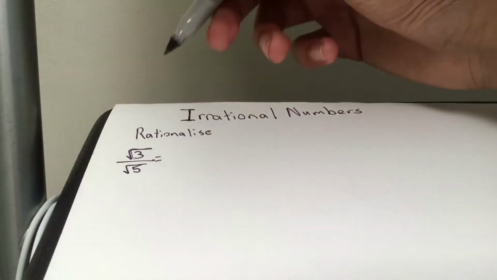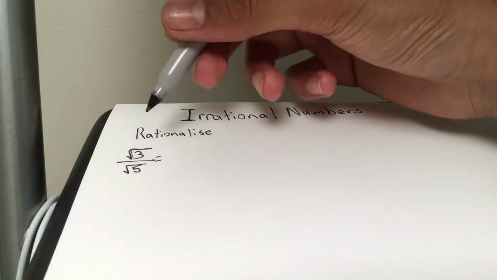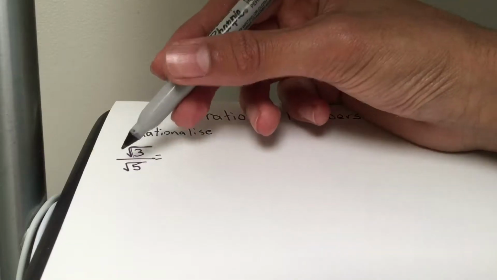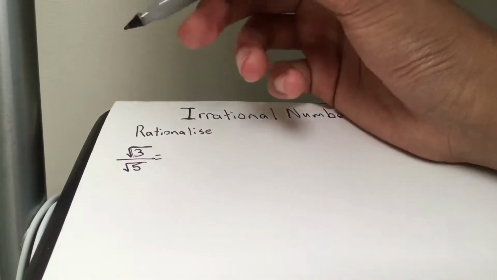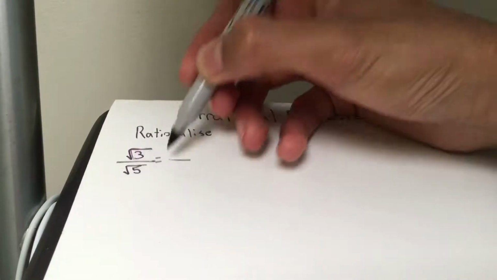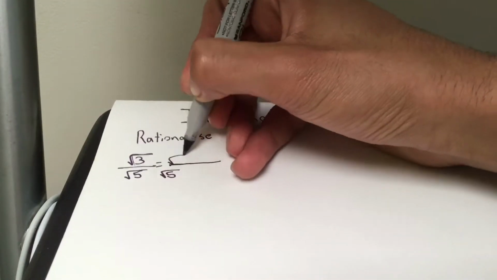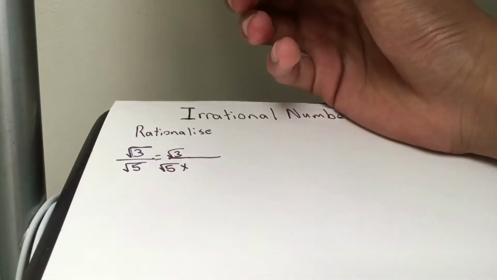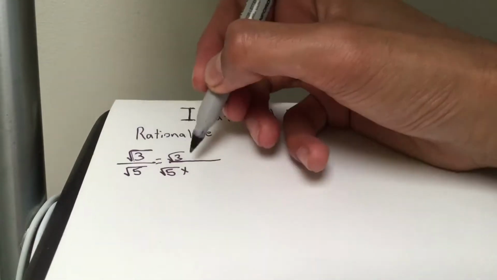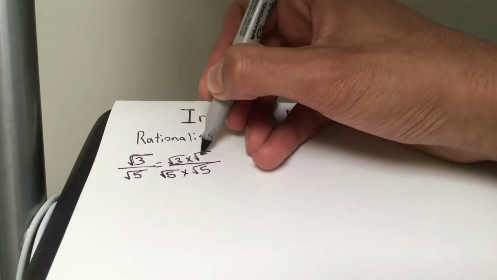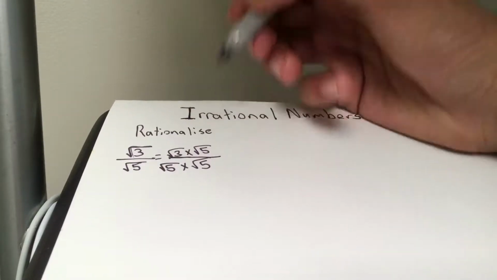So basically, we need to rationalize this so that the denominator does not have a radical sign in it. By getting rid of the radical sign, we're going to times it by square root 5, and we're going to do it to both the top and the bottom.